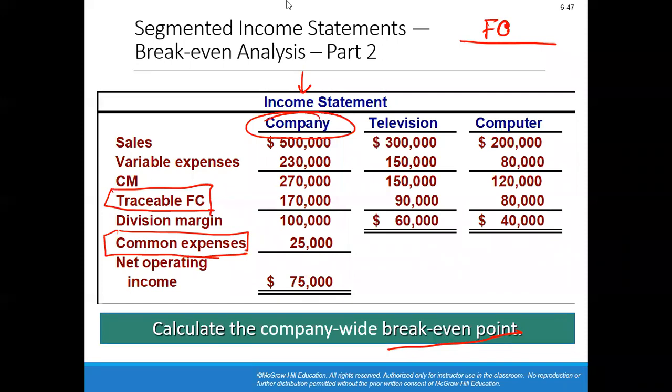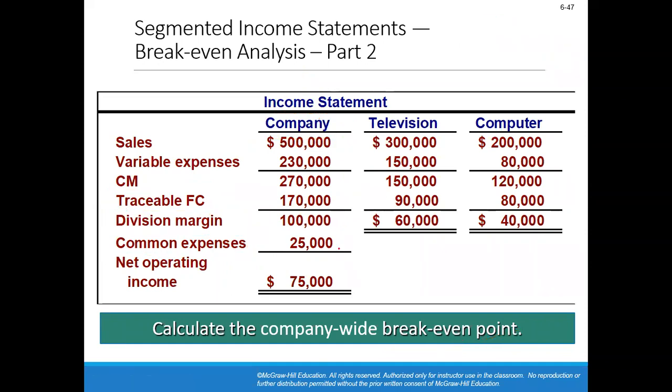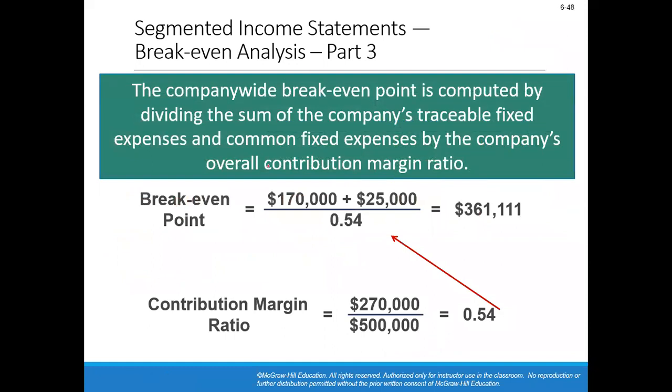Yeah, the total fixed cost. Some have also mentioned it should be the summation of these two, 170,000 and 25,000. So it is 170,000 plus 25,000. Remember, we are determining the break-even point for Weber Incorporation, not the television and the computer segment.